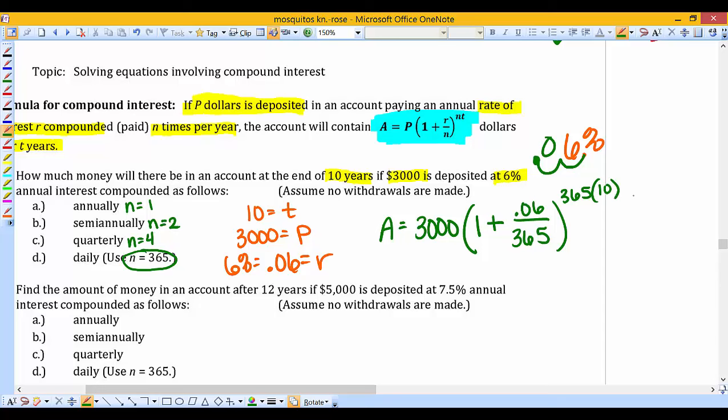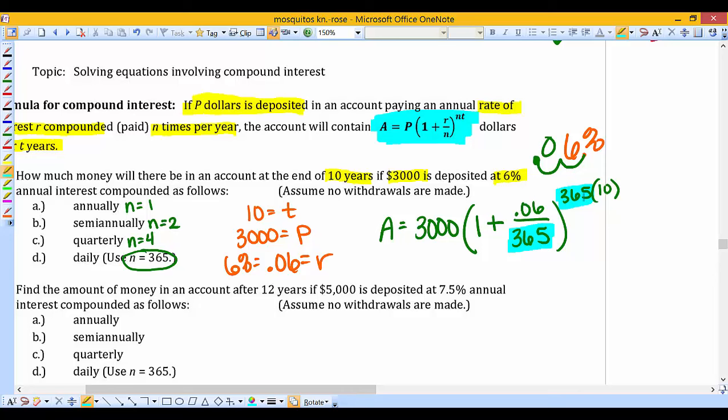Don't overdo the work on these. This is your equation for all 4 of these. The only thing that is going to change is the 365, so make sure you're not starting over. You're just changing the 365. It should be very easy to write your equations.